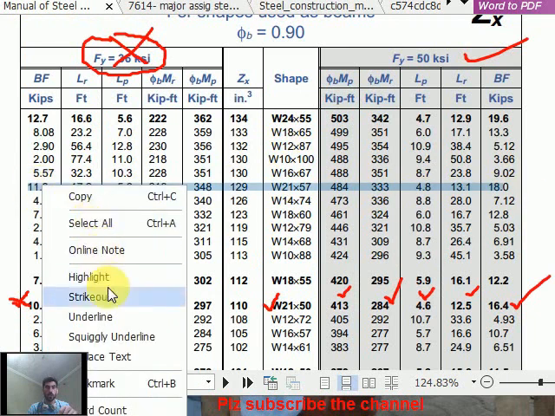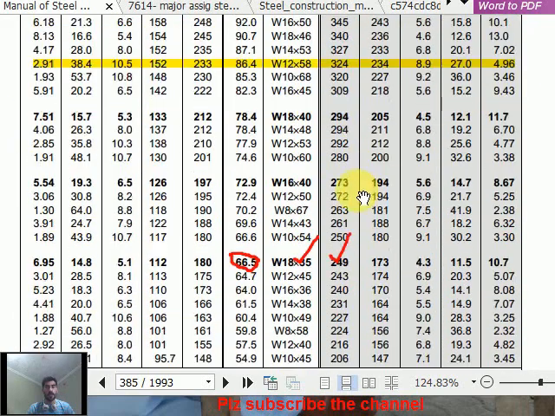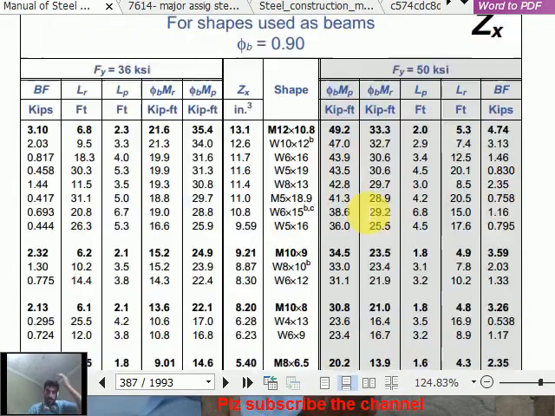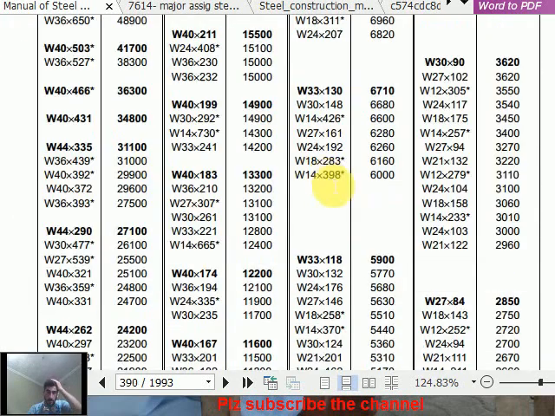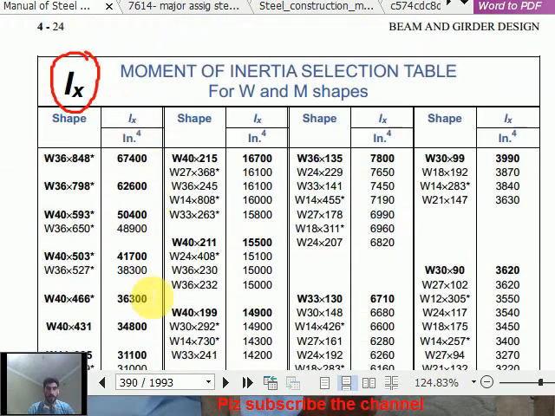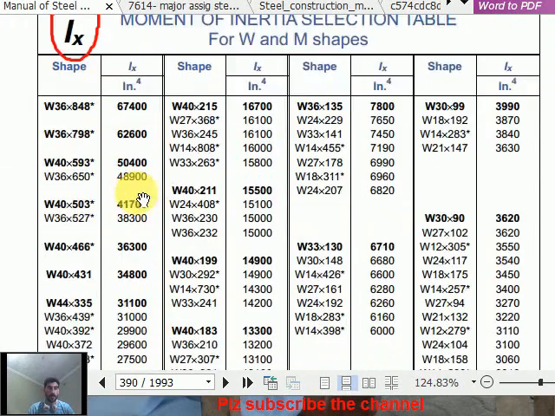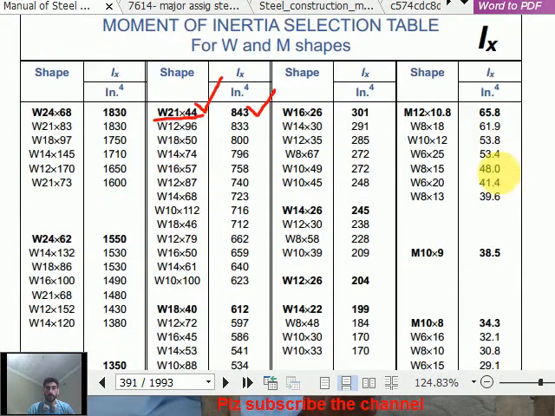So the AISC table is available below this ZX table. Let me show you. This is the AISC table, and here are your AISC values and here are your shapes. You see the values, and here we have this one section.